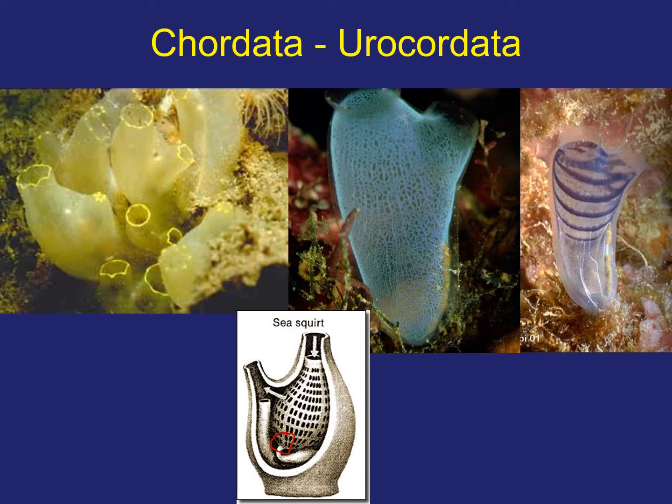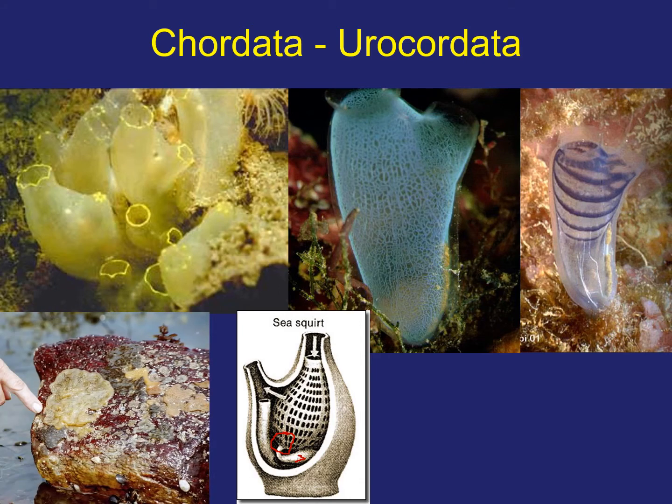That leads into a stomach. So that's this structure here, and then that will lead into a short intestine and the anus will dump waste into the ex-current siphon. So somewhat similar to what happens in clams and other bivalves. They are filter feeders, but unlike the clam and the oyster, they have this pharynx.